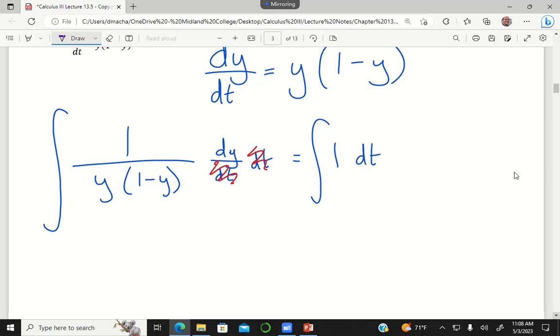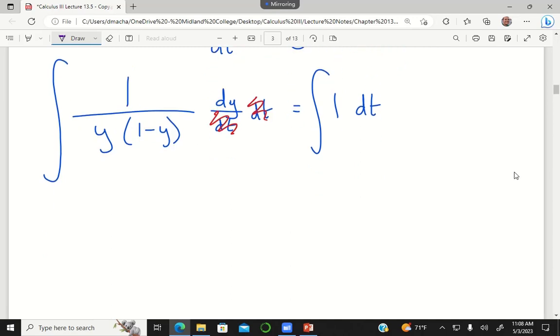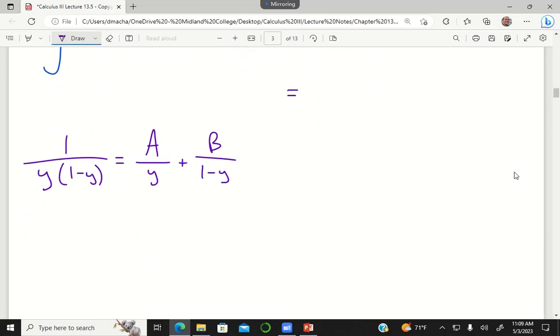And now, hearkening back to our calculus 2 days, that antiderivative on the left side can be solved using partial fraction decomposition. And partial fraction decomposition says if I've got 1 over y times 1 minus y, this is equal to some constant divided by y plus some constant divided by 1 minus y. And if I want to find what those constants are, I can multiply both sides by the denominator on the left side, and I get 1 equals a times 1 minus y plus b times y.